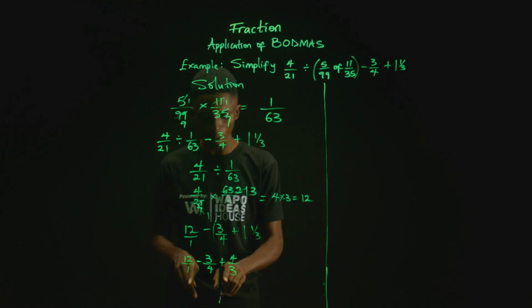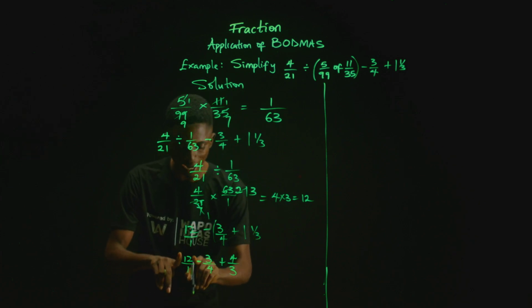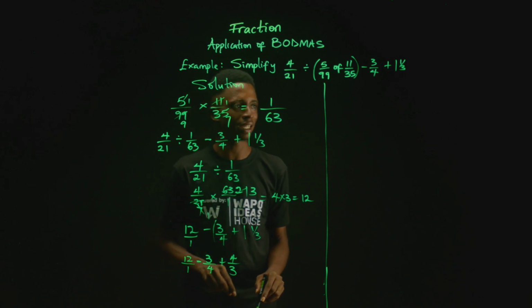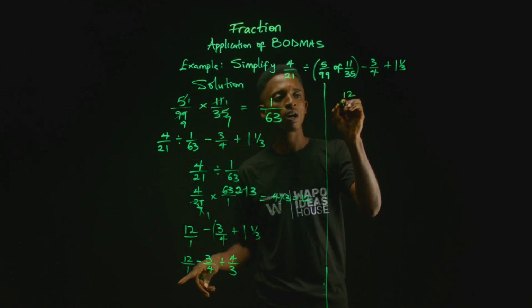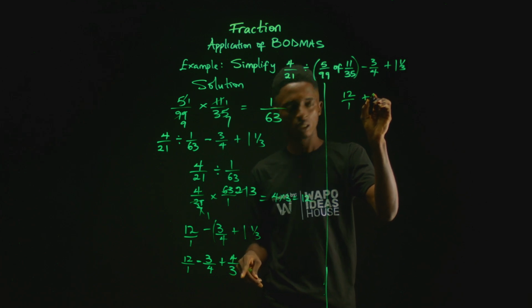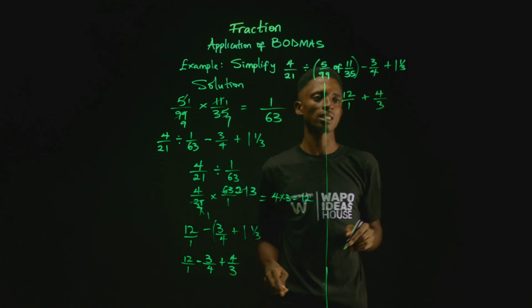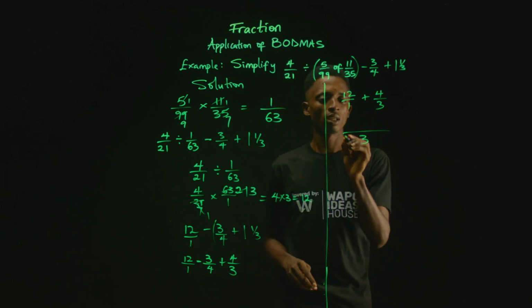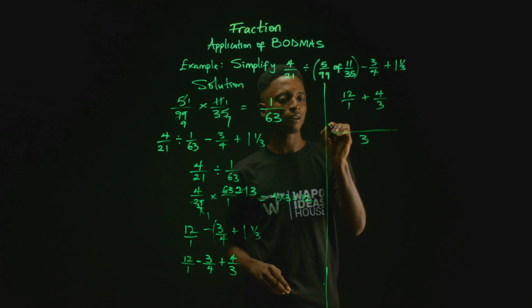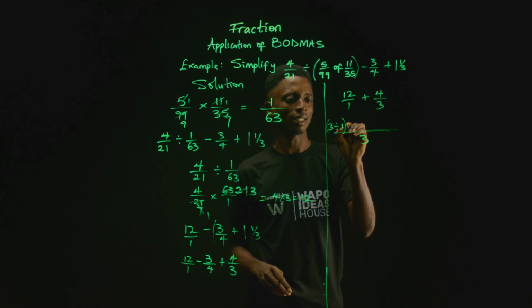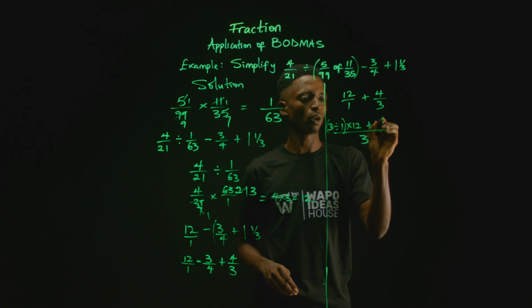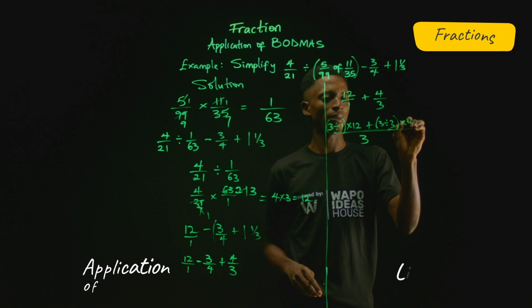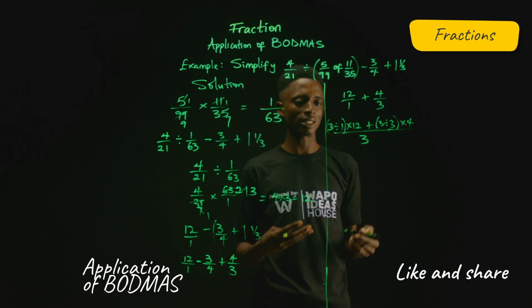Now since addition comes first, it means we have to arrange this such that we'll add this 12 over 1 and this 4 over 3 before we can then perform this minus. So that is, we'll do 12 over 1 plus 4 over 3 first. And in this case, when we take LCM, LCM is 3. And then we'll have 3 divided by 1 and then multiplied by 12 plus 3 divided by 3 multiplied by 4. 3 divided by 1 is 3.